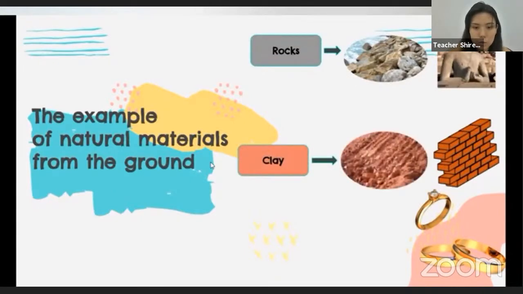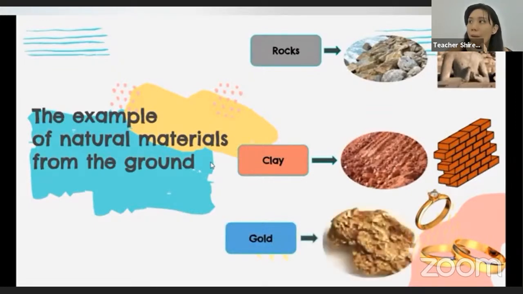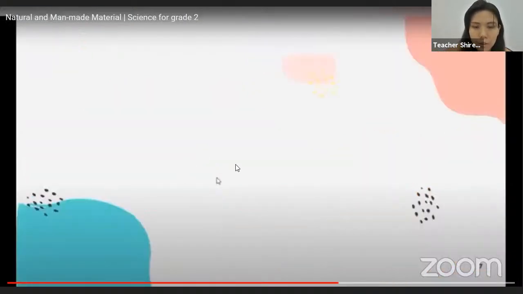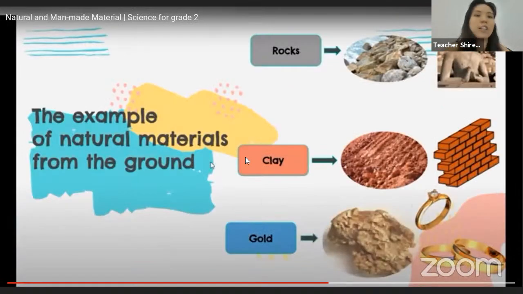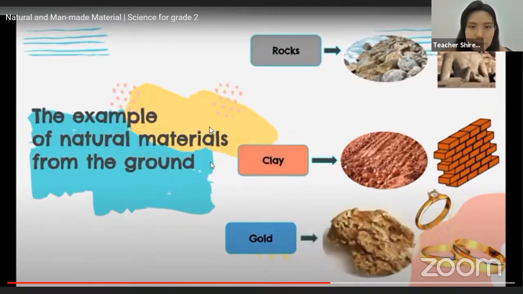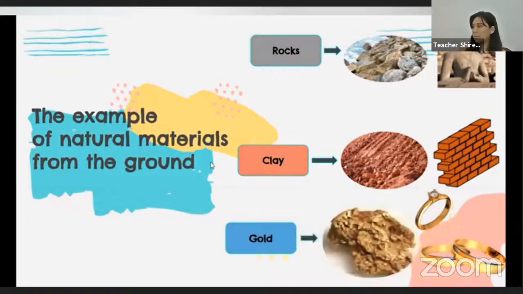It can be used to make bricks, and gold. It can be used to make gold rings. These are the natural materials from the ground, like rocks, clay, and gold. All these are original and did not have processes.